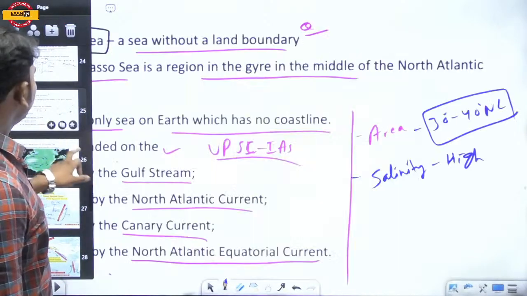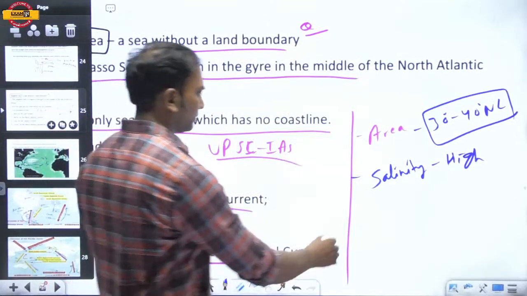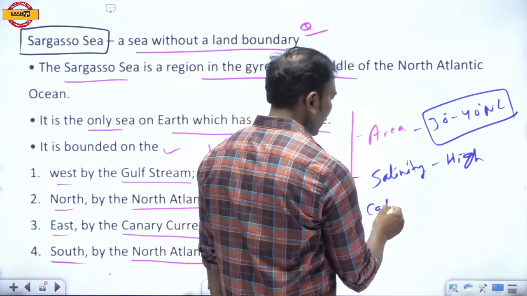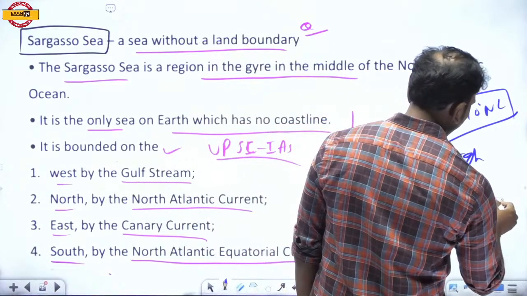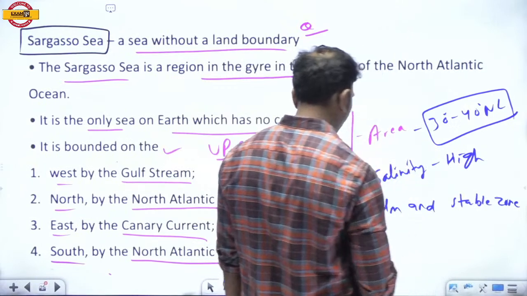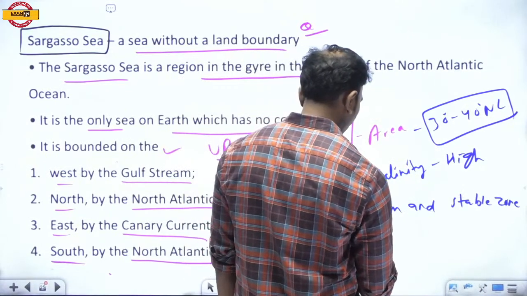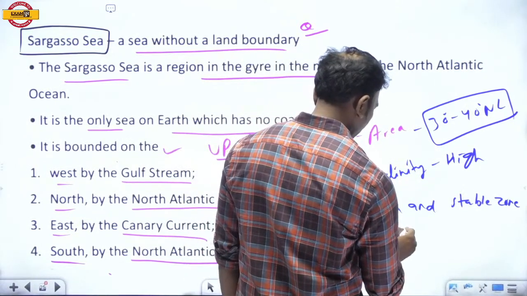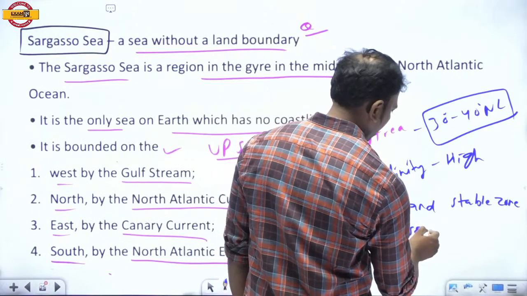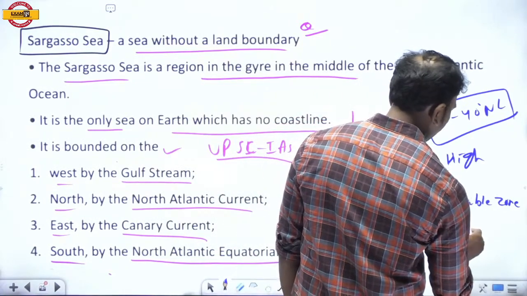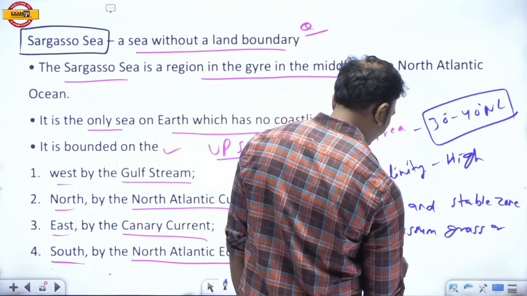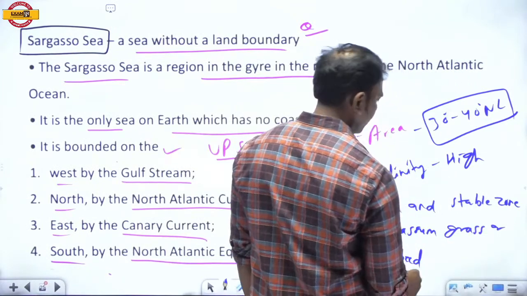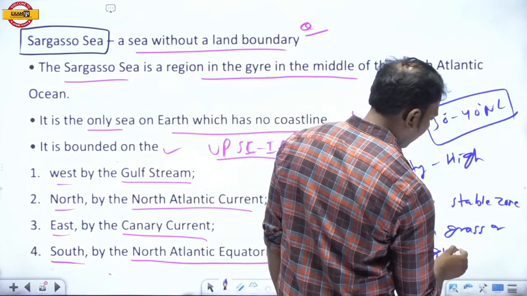Some more points about the Sargasso Sea. It is a calm and stable zone. Sargassum grass or seaweed grows there.